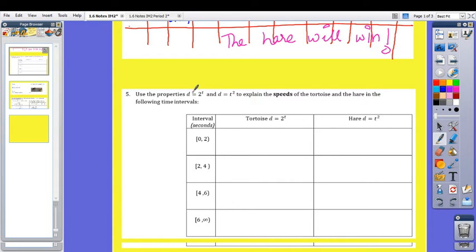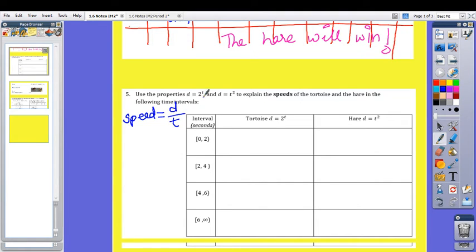So this is for the tortoise and this is for the hare, and explain the speeds of the tortoise and the hare in the following time intervals. So these are the time intervals. Now think about it, the speed it is asking us to calculate, and speed is always the distance over time.